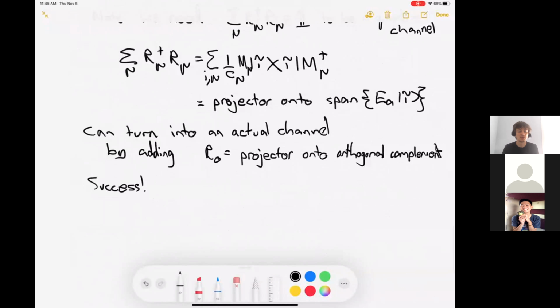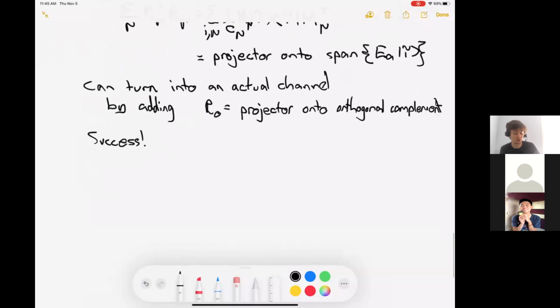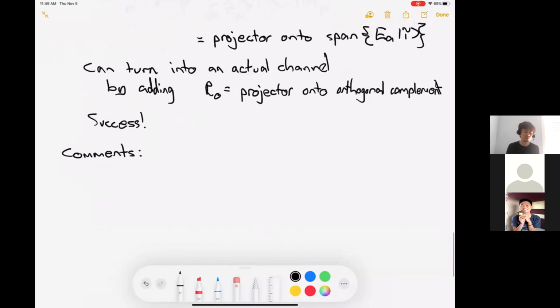Okay, so let me make a few comments before we move on. The first comment is that in the last lecture, it seemed like doing a measurement to learn what error happened was crucial, right? That's how we thought about doing things. We do a measurement, and once we've learned the result, we do something else.